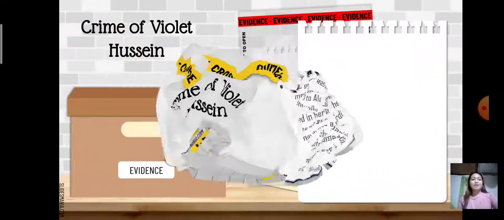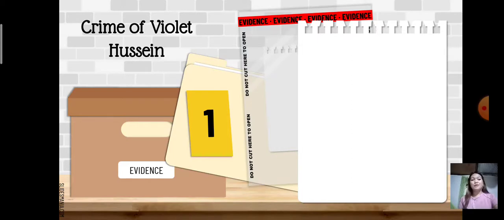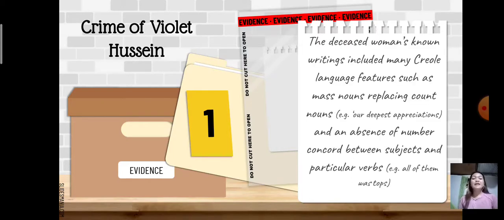With the help of forensic linguists, they discovered that Violet Hussein, because she moved between different countries and places, had so-called language barriers, or she knows some of the languages from Japan, from Hawaii, and from Alaska.